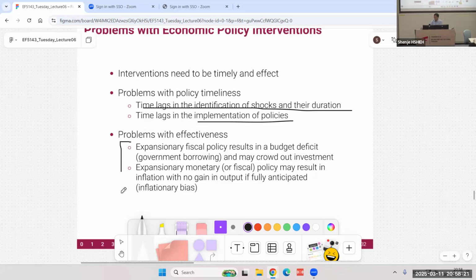I already kind of explained this. Effectiveness of monetary policy is, for the most part, better for flexible exchange rates. But of course, if you do it wrong, you can just get inflation. That's the downside. Expansionary fiscal policy is problematic because, well, twofold.